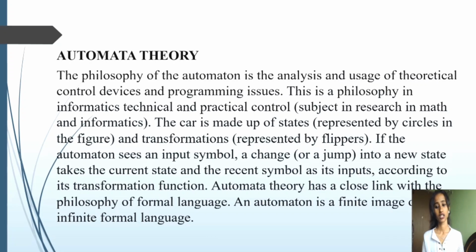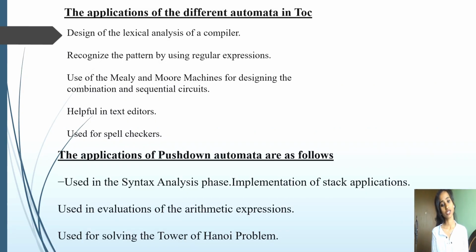If the automaton sees an input symbol, a change or a jump into a new state takes the current state and the recent symbol as its inputs, according to its transition function. Automata theory has a close link with the theory of formal languages, and an automaton is a finite representation of a formal language, which may be infinite. Here are some of the applications of different automata in TOC.